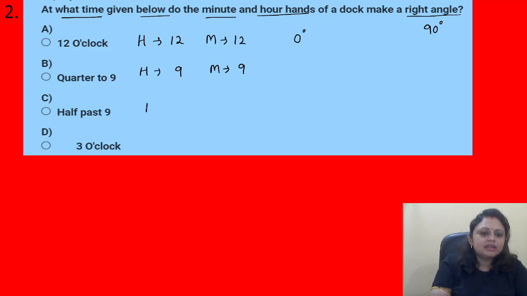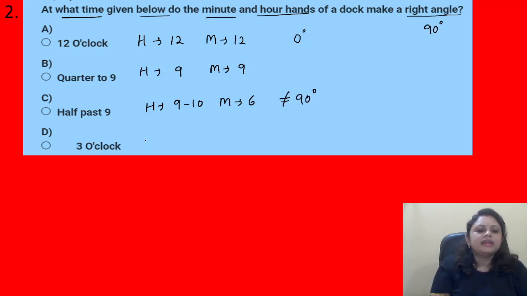Half past 9, here the hour hand will be between 9 and 10 and the minute hand will be at 6. So it is near about 90 degree, but it is not equal to 90 degree.